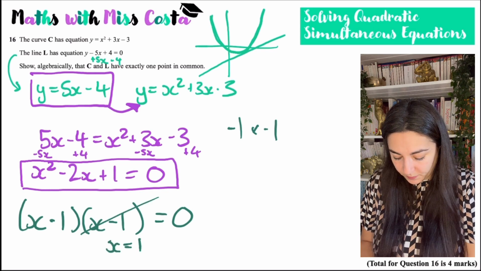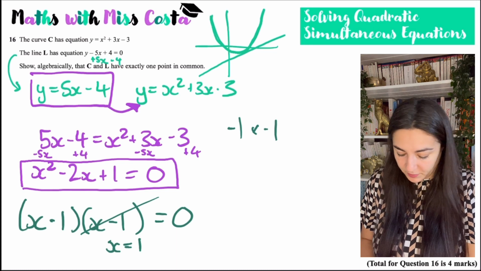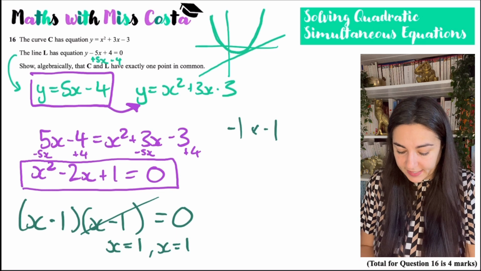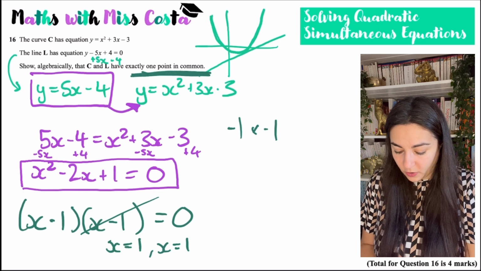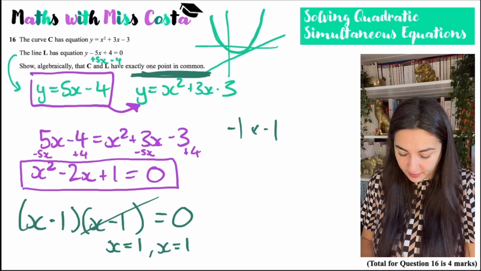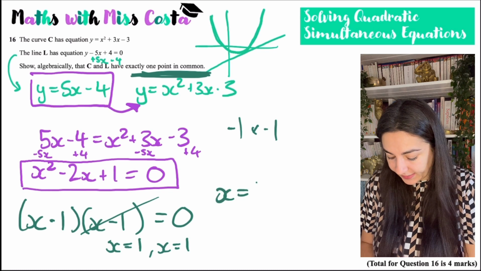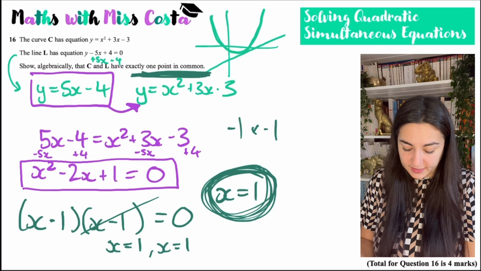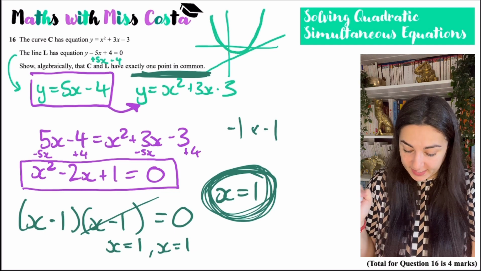So x would be 1, and then do the same on the other side. x equals 1. So I've shown algebraically that C and L have exactly one point in common, because the only point at which they touch is when x equals 1. There's only one root because it's the same thing. Okay, so that's how we do that.